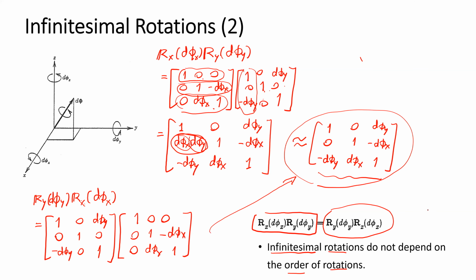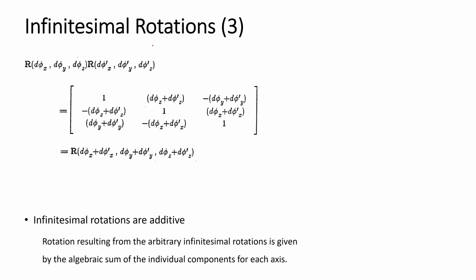In this step, we have the product of two matrices, x and y, or y and x. If we have the product of three matrices, we have rotation about x with d phi x, about y with d phi y, and about the z-axis with d phi z.